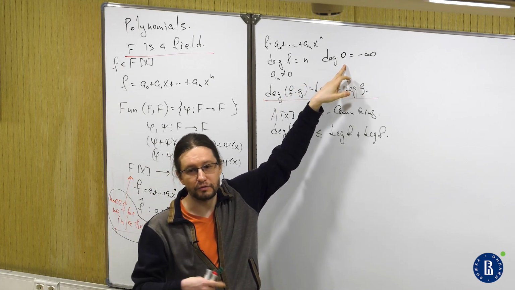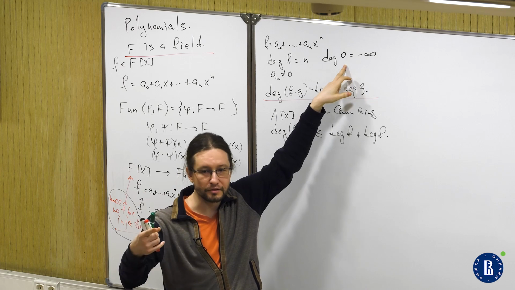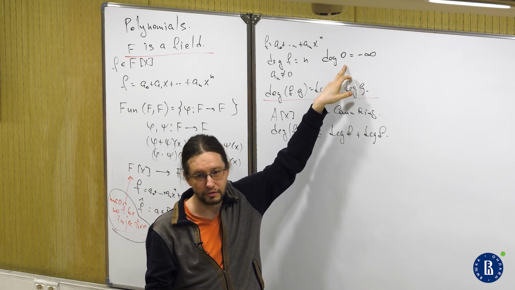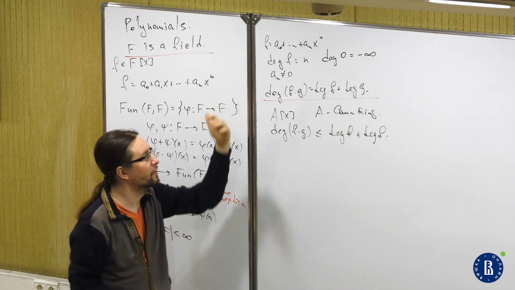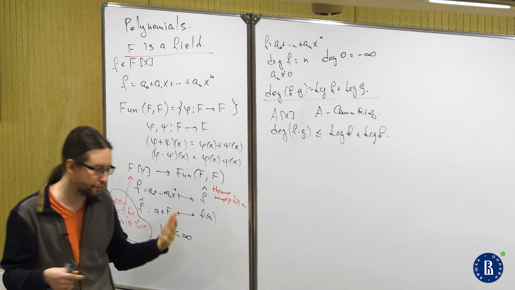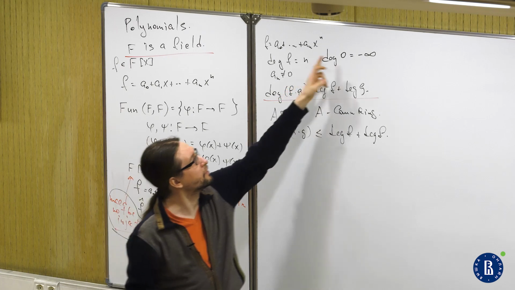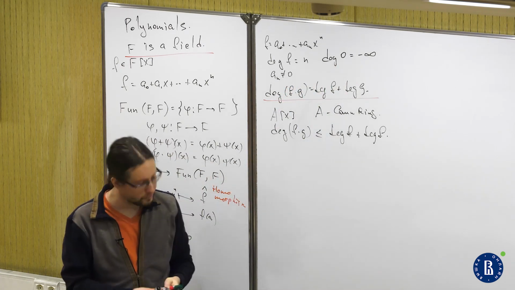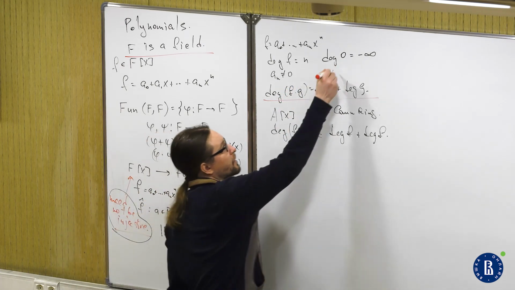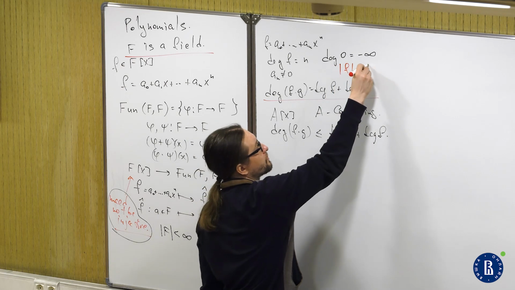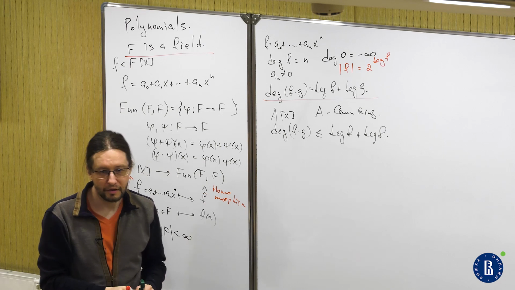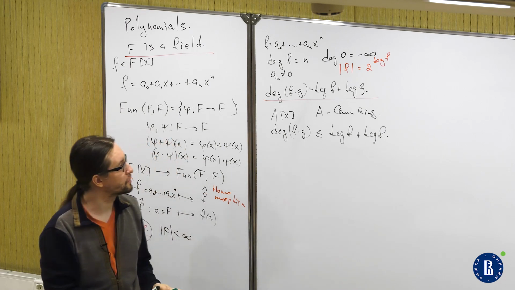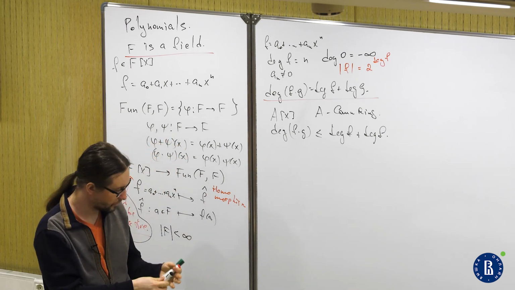If you raise 2 to the minus infinity, you will get 0. So there is a general theory, and if you want to be consistent, this is the definition you want. Basically, you want the length of the polynomial f to be something like 2 to the power of the degree of f, and you want the length of the zero polynomial to be 0. Okay.